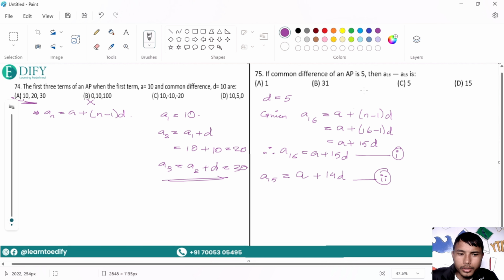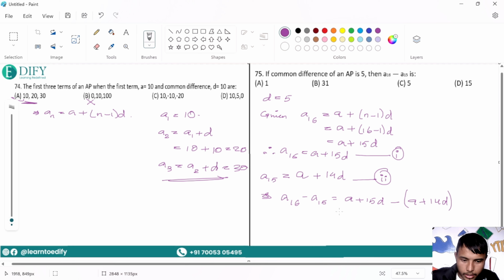Then we subtract it, and by the way, given D is equal to 5. So we solve A16 minus A15, which is A plus 15D minus the bracket A plus 14D.